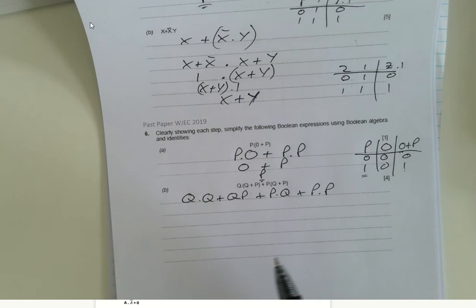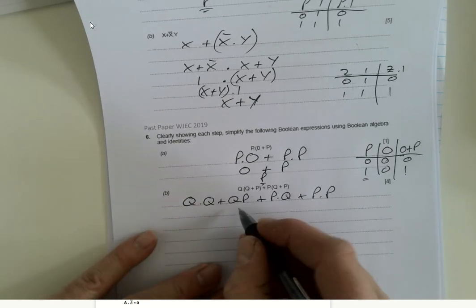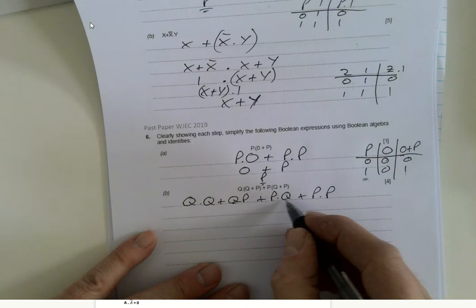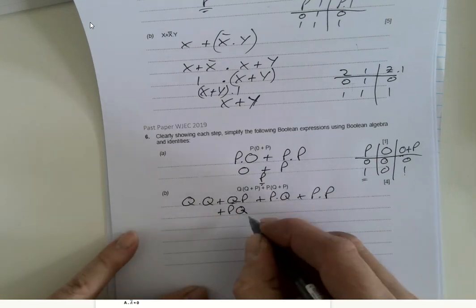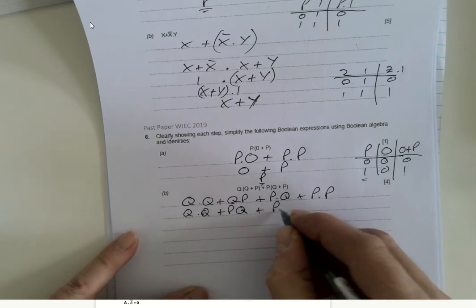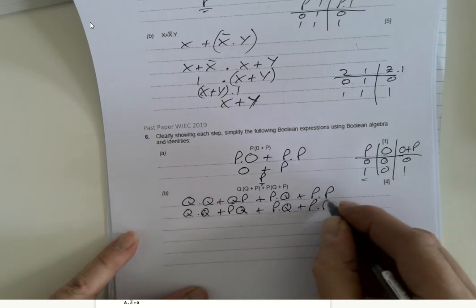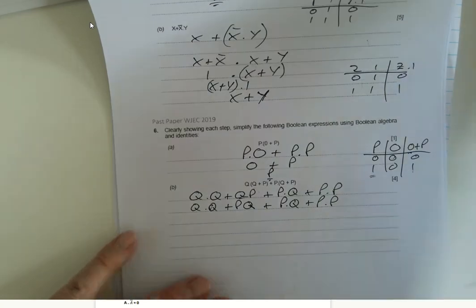Now I haven't told you this law. We can prove it via truth tables, but I'm not going to. You have a go yourself. QP is the same as PQ, so I'm just going to rewrite that as PQ, or PQ, or PP. Now Q and Q, we've already done this as a truth table.